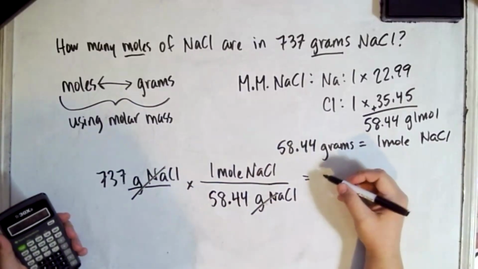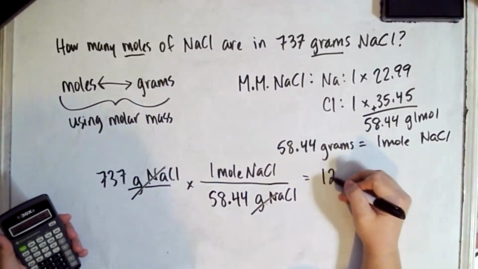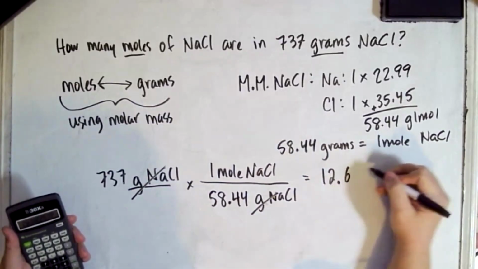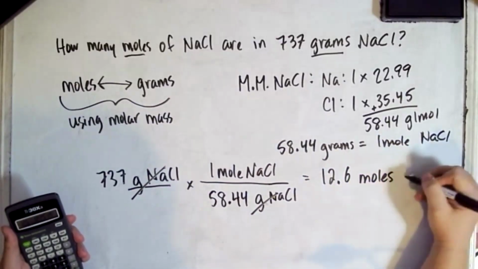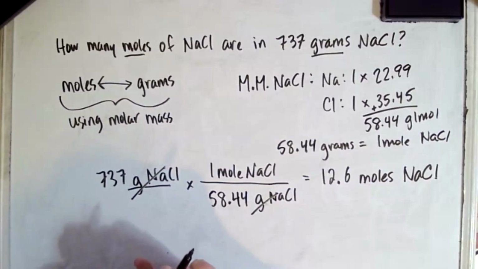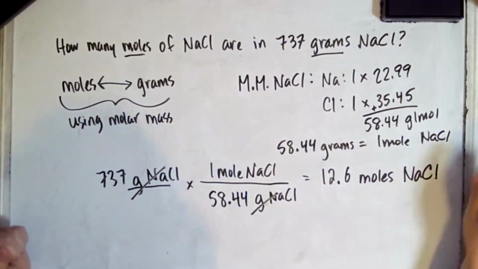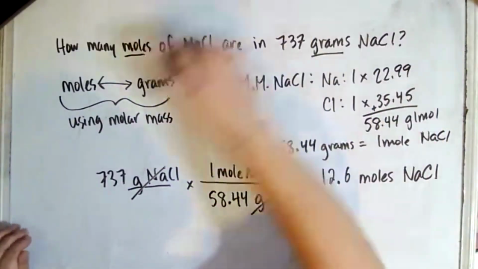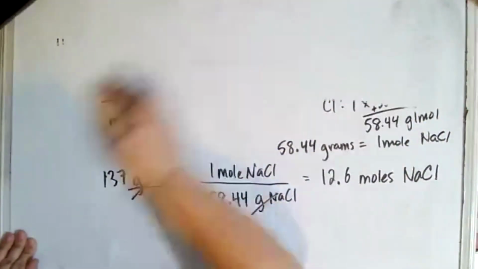And I'm going to end up with 12.6 moles of NaCl. Okay. Next example.